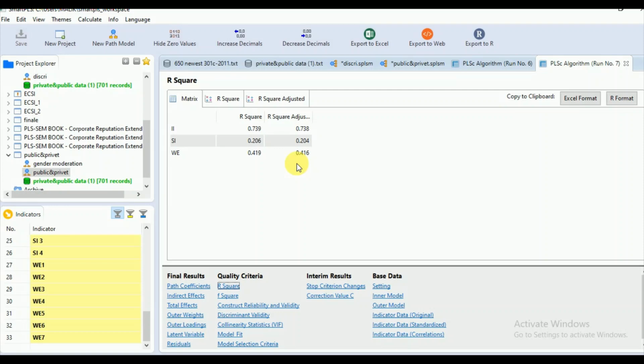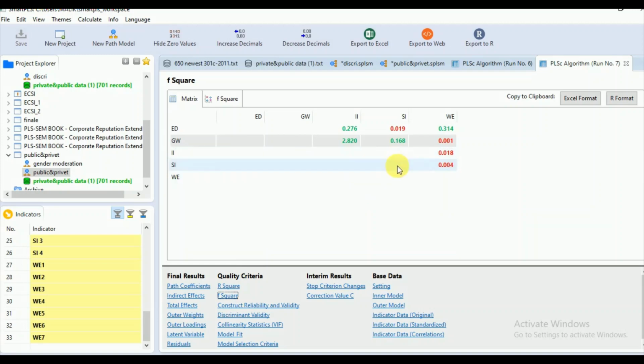F square shows the effect size. For ED to WE, this relationship is meaningful, but when we run the bootstrap we will see whether it is significant or not.